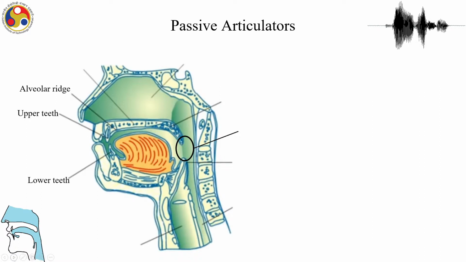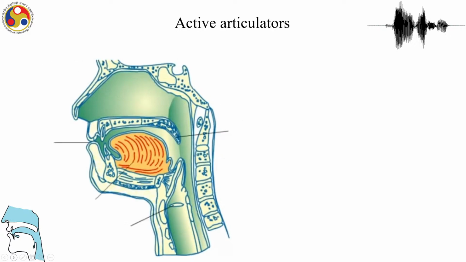The alveolar ridge, the hard palate, the soft palate, and the pharyngeal region, the nasal cavity, the epiglottis, the esophagus, and the trachea. They all play a role in the production of the sounds that we have in the world's languages.